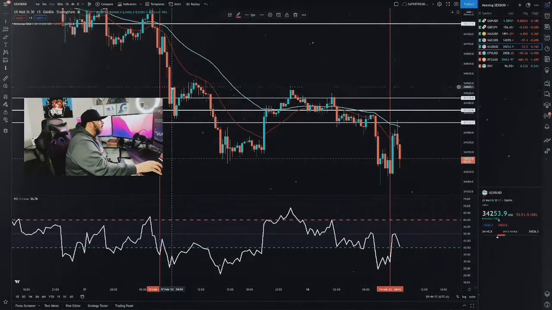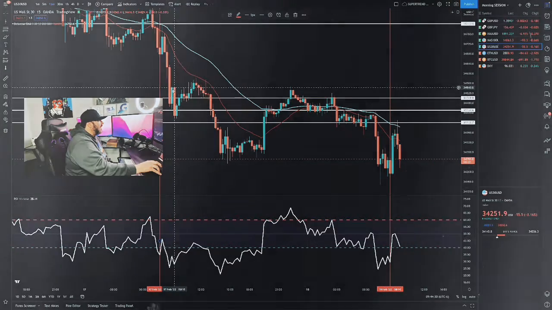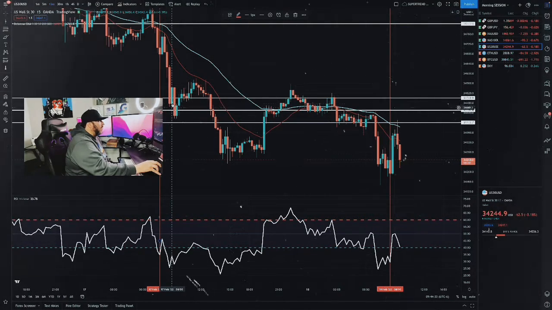We broke up. It looked like we were going to break above, because we actually broke above. We got some wick to the bottom side, and this was one of those candles where you wonder what it's going to do. We didn't have a huge wick at the bottom, which would have shown pressure.